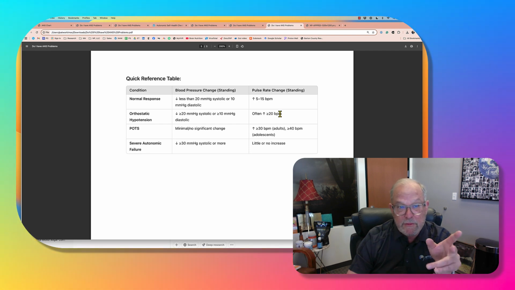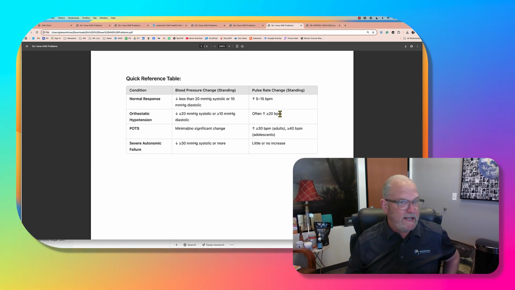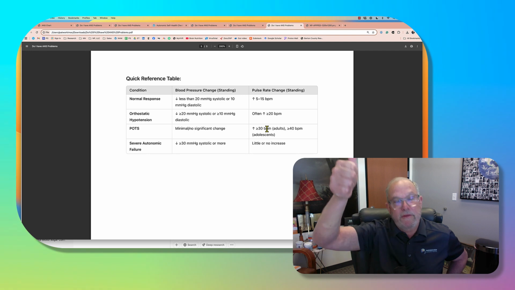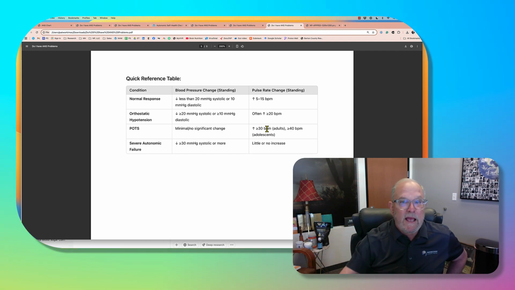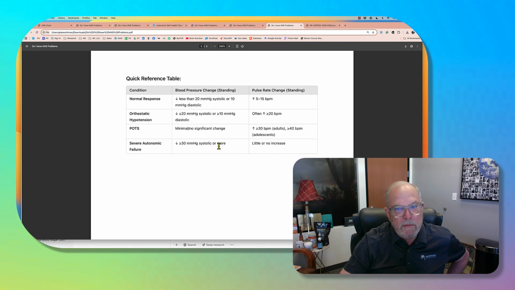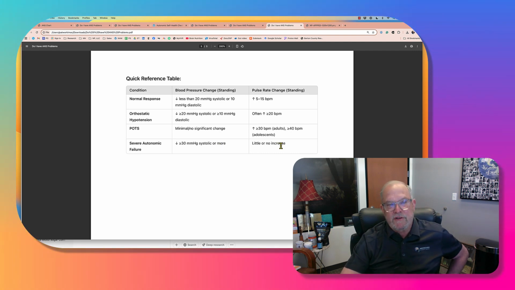Now, the difference here between orthostatic hypotension and POTS, now these are both autonomic dysfunction. It's just different names for the picture or the patterns that you see here. Okay? POTS, blood pressure doesn't change much. Pulse is a prominent thing, just skyrockets. And again, for very advanced patients, when they stand up, if they have a big drop in blood pressure with no heart rate increase, that's pretty severe.